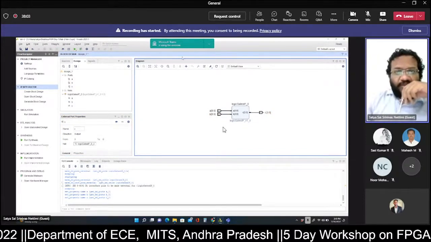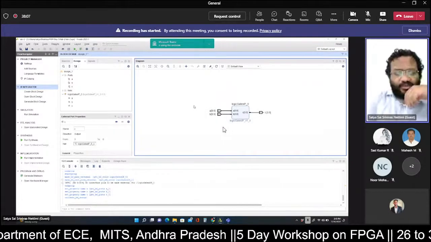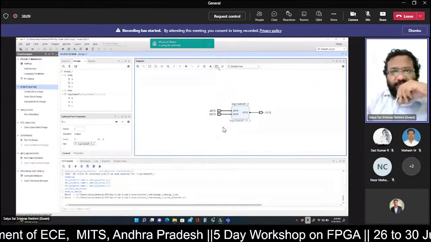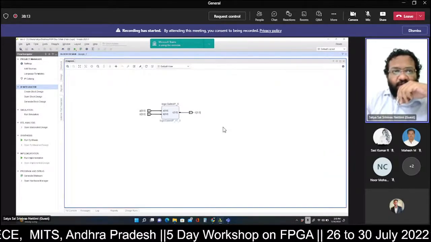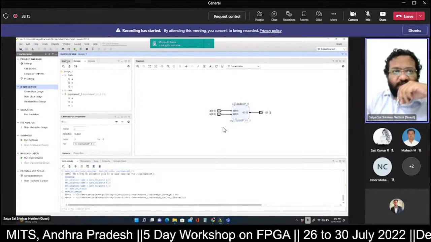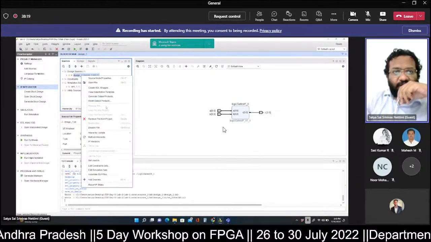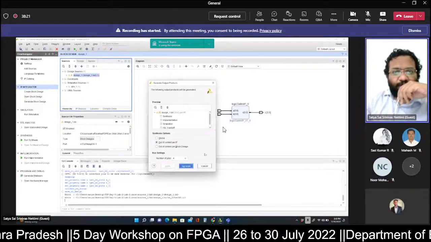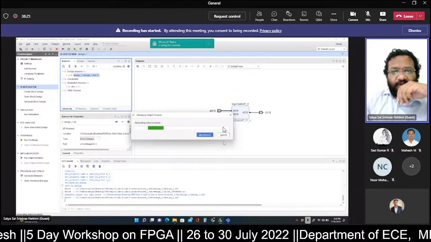Now you can just run the validation. This is not that complex a design, it is a simple design itself, so there won't be any issue. Now you can go to sources, right click, and click on generate output products. The output products will be generated automatically.